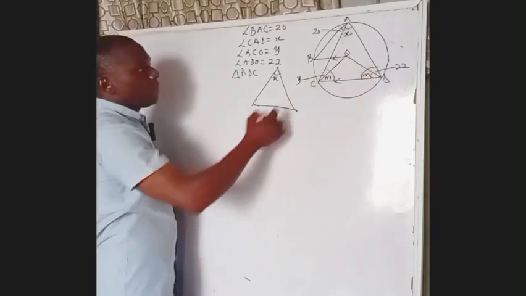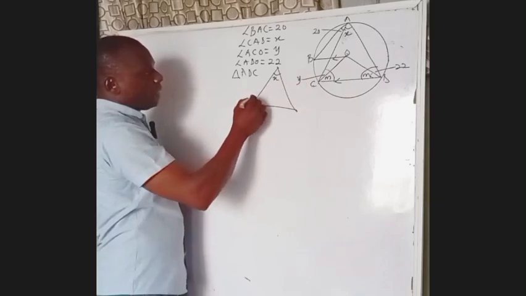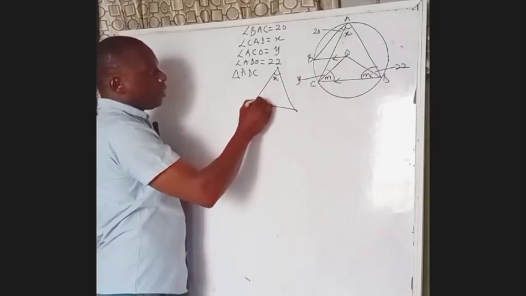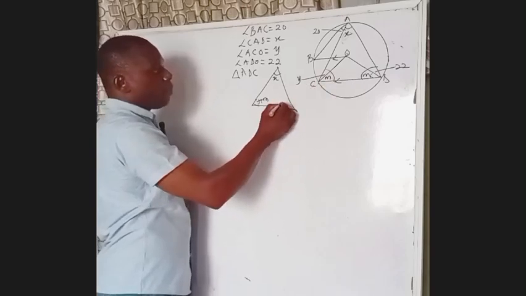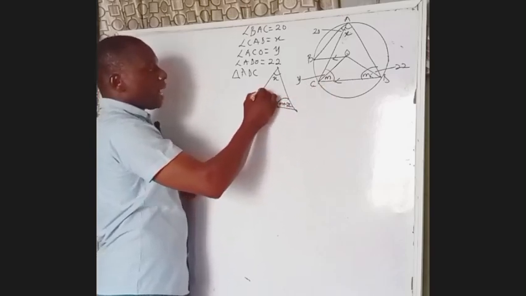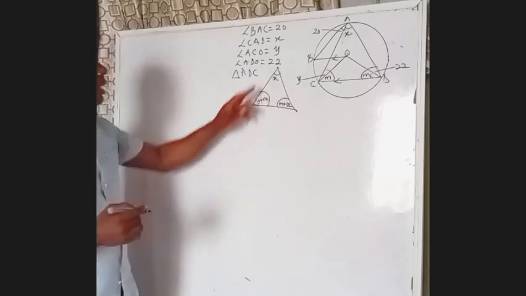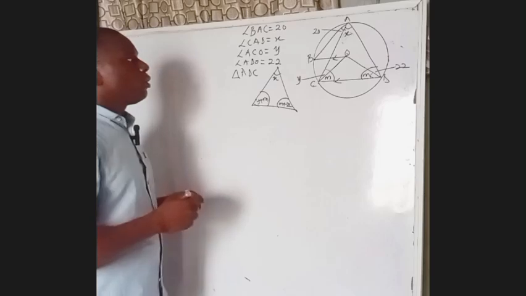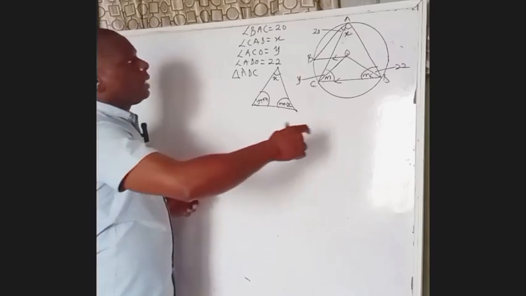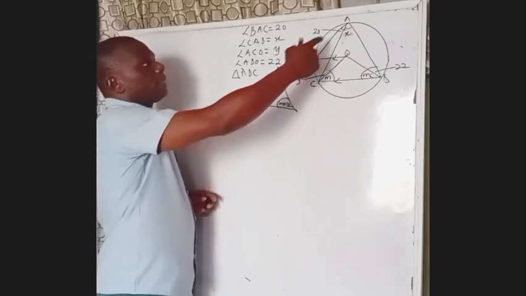That means this particular angle is made up of y plus M, and this angle is made up of M plus 22. So if we get this, we'll be able to get the value of y. But first of all, we will look at this.